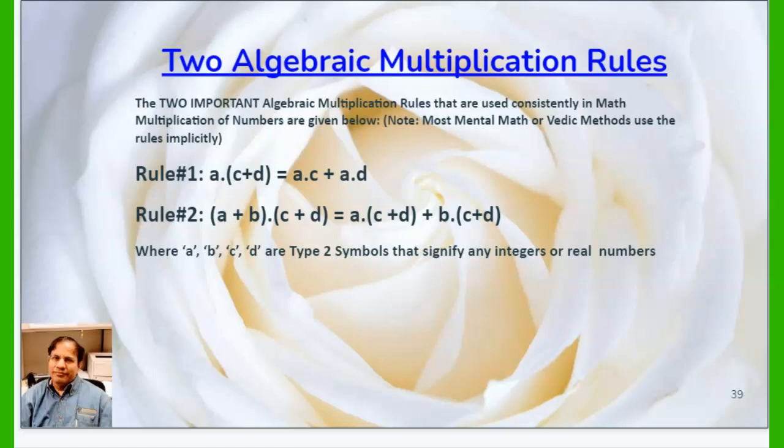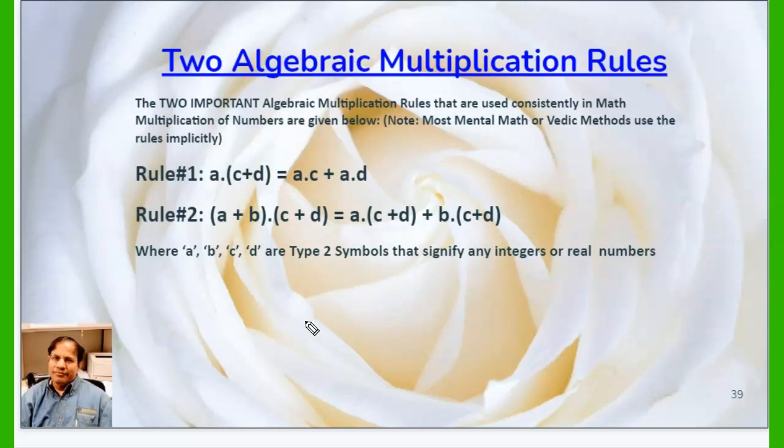The two Vedic rules in the classical times are summarized as two algebraic multiplication rules in modern times that are used consistently in the math of multiplication of numbers today. These classical rules of Vedic methods are also called mental math methods that use these algebraic rules implicitly.